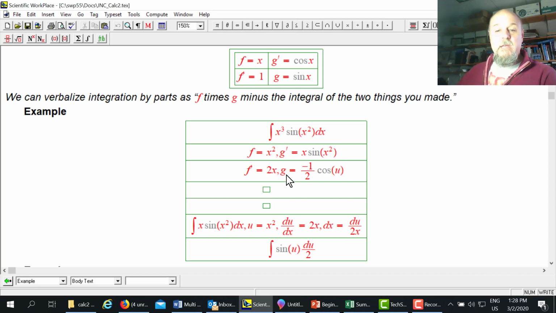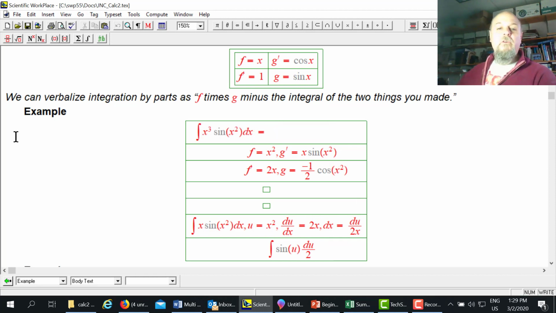If I differentiate this x squared, the derivative of cos becomes minus sine, chain rule says 2x comes out, the 2 cancels with the half, and yeah, we're good. So all of this substitution is just a small little part of our parts.